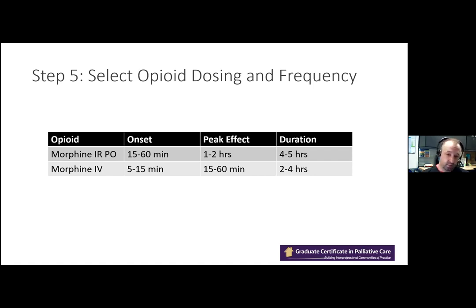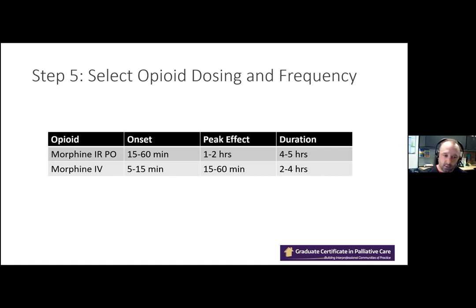Remember that we're talking about patients where relief of symptoms is the priority, even over safety concerns. Obviously we want to be aware of safety, but really our priority is making sure that this person isn't suffering. And so we're going to select different frequencies, in this case looking more at the peak effect than at the duration of action.